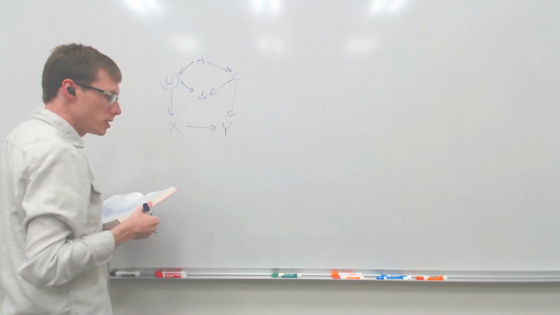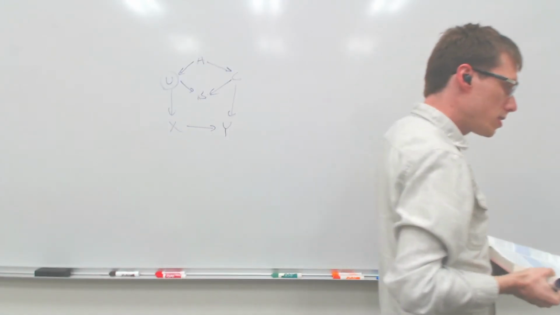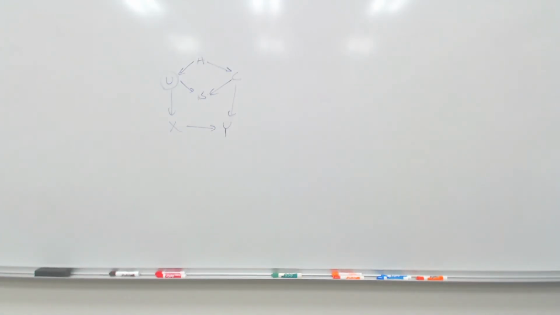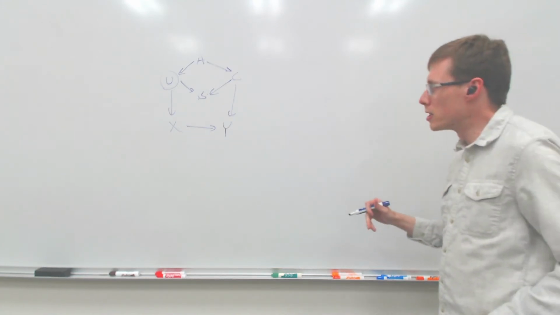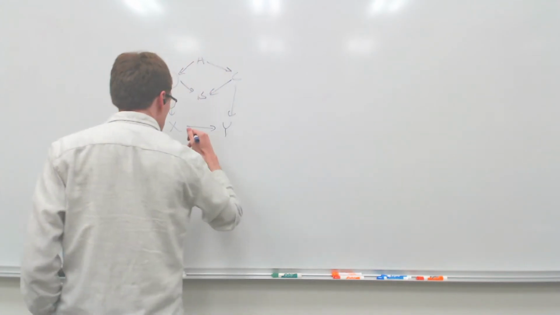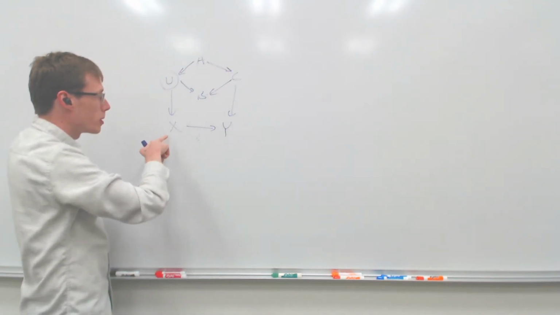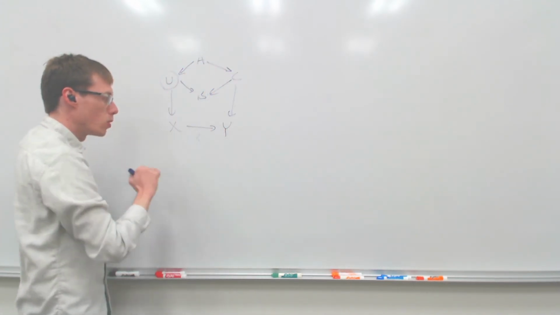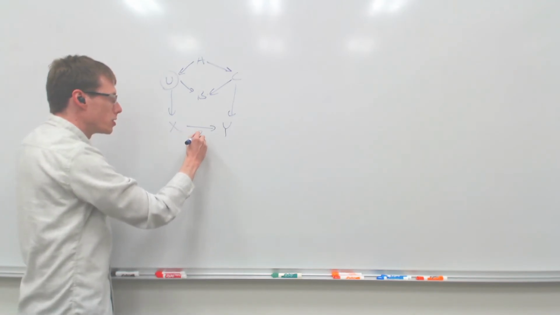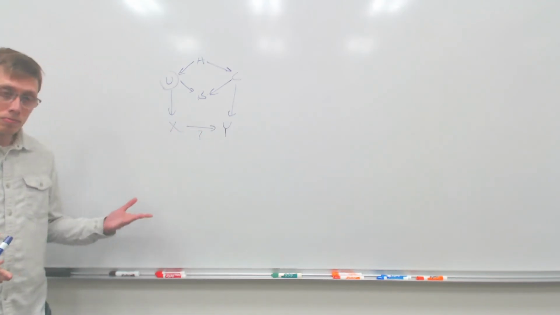So here's the DAG for this slightly complicated version. Suppose we have all this data. We don't have U, but we have data on X, B, A, C, and Y. And we want to measure the effect of X on Y.